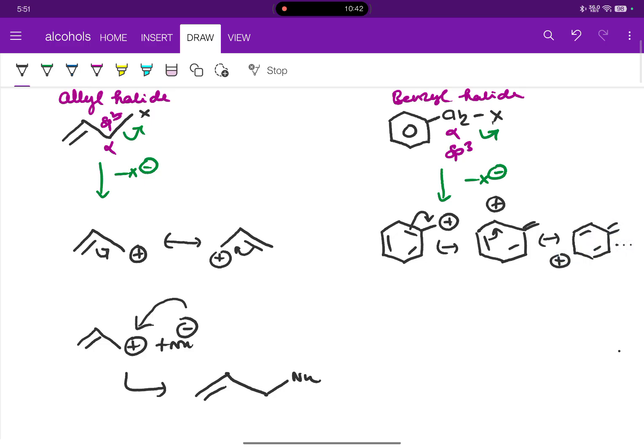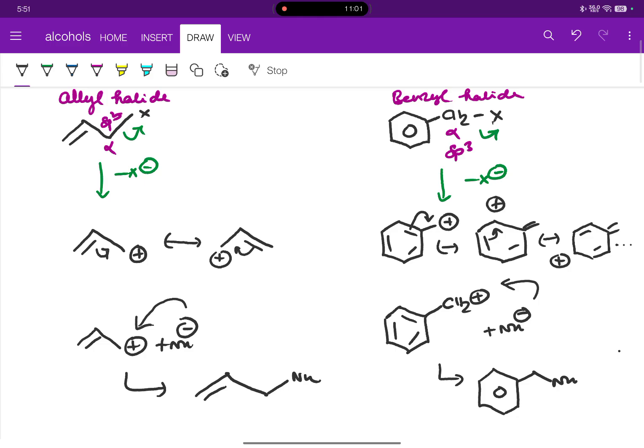Now what is the next step? Take the benzyl carbocation, which will get attacked by the nucleophile, and your product is a nucleophile in place of the halide attached to a benzyl group.